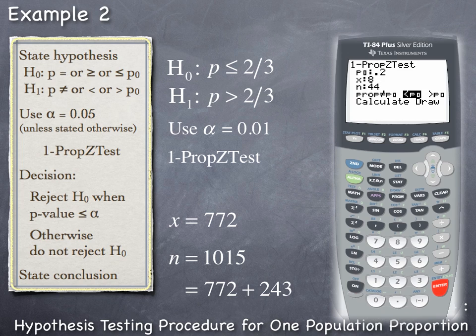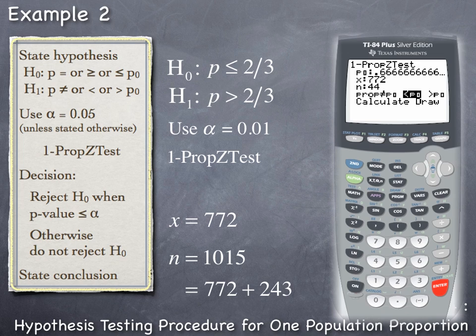P sub 0 is the actual number value in the hypothesis. In this case, it's the 2/3. We denote 2/3 as 2 divided by 3. Enter. The calculator, being a decimal machine, converts the 2/3 to 0.6666 decimal. X, the data value in the survey, was the 772 who were in favor. Enter.